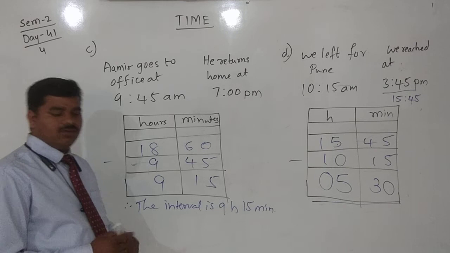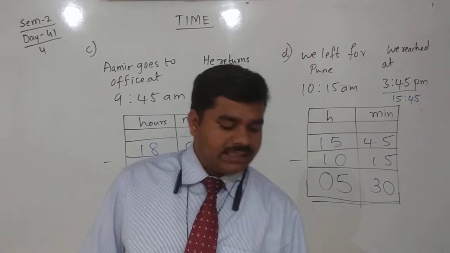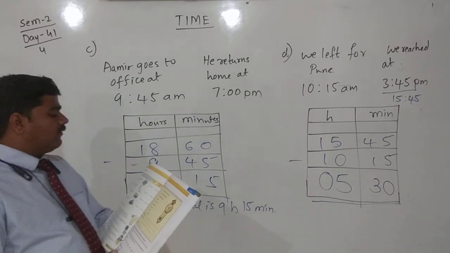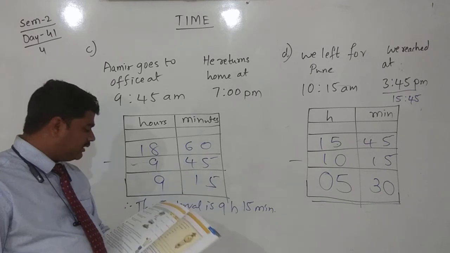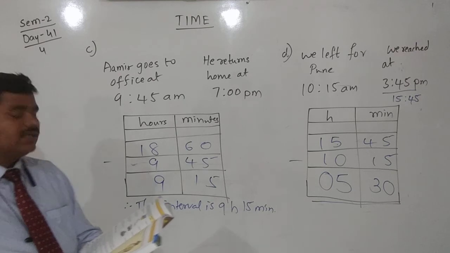Okay. We will go with the next question, that is very simple. Here, find the time interval, with departure time and arrival time given. First, Rajdhani Express leaves Mumbai Central and reaches Baroda.